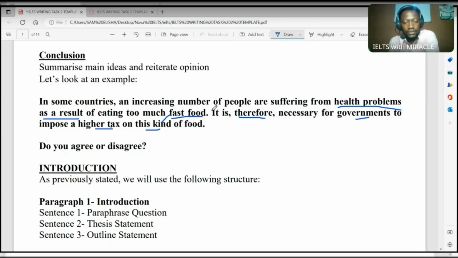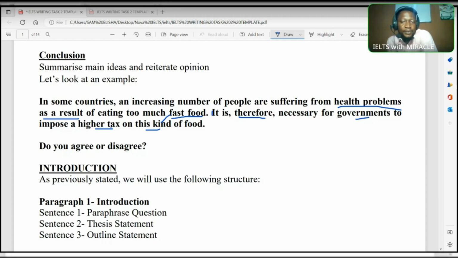In your head, you could rephrase it: because people are suffering from different sicknesses as a result of eating fast food, then government should impose a higher tax on this kind of food. Is that okay? It will give you a clearer picture.